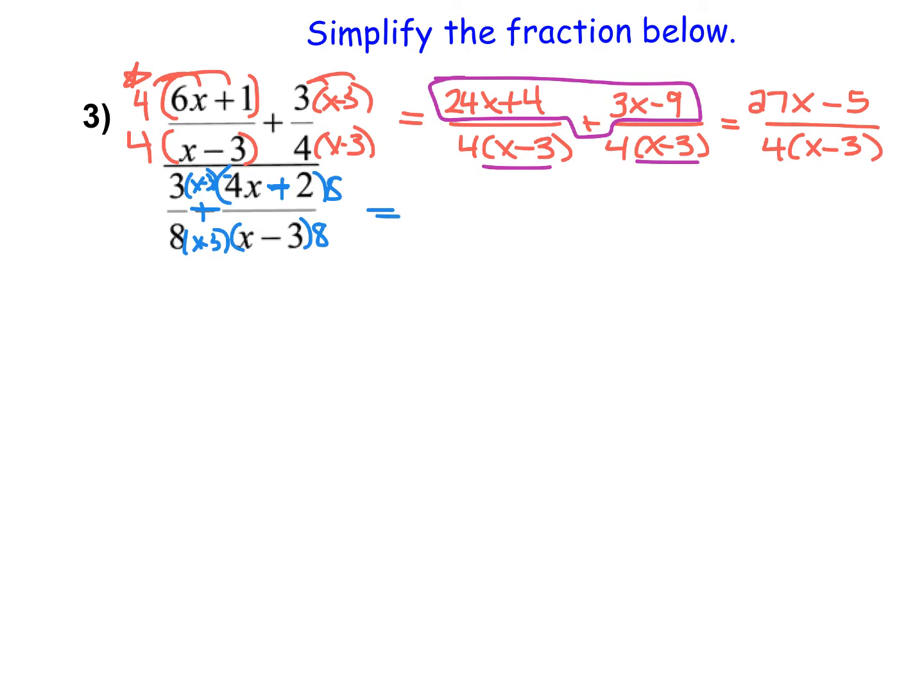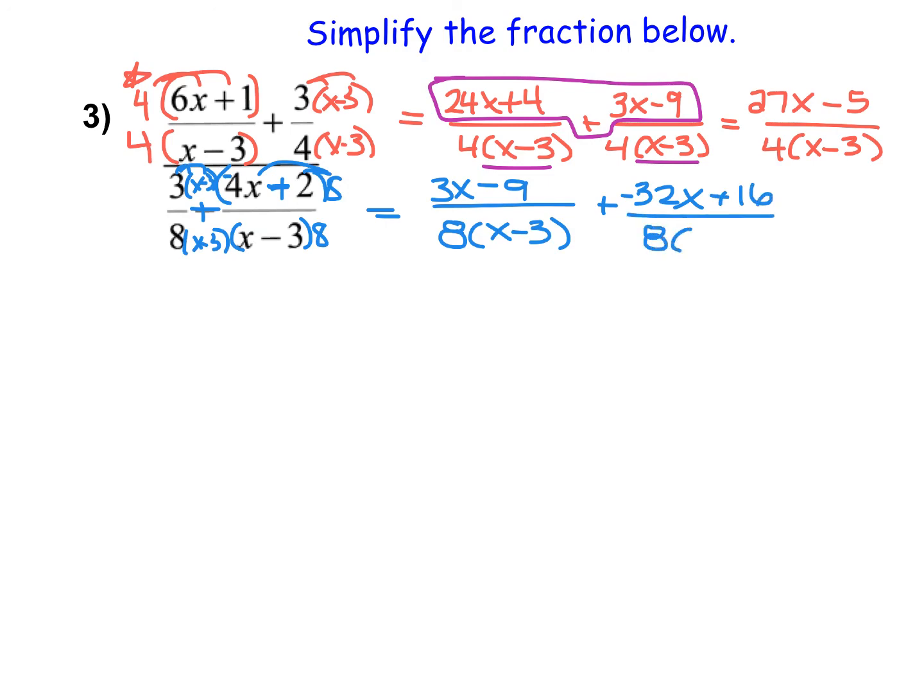So now if we start to simplify a little bit, distribute the 3, we get 3x minus 9 over 8 times x minus 3. Then plus, we distribute the 8, we end up with negative 32x plus 16 over 8 times x minus 3.